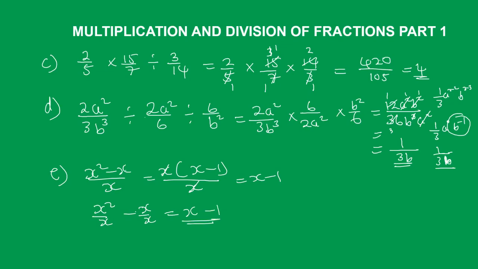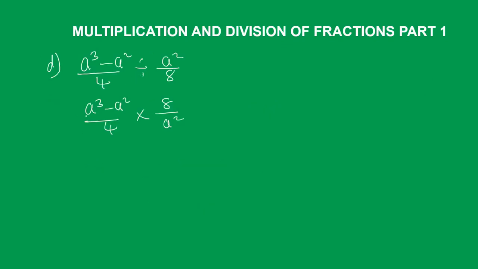And then the last one, we tip in times the highest common factor here. We take the power with the lowest exponent, which is a squared. And then a cubed divided by a squared, that is a. Negative a squared divided by a squared is negative 1, over 4 times 8 over a squared.